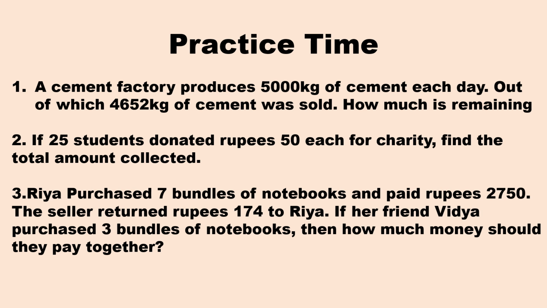And third question. Riya purchased 7 bundles of notebooks and paid rupees 2,750. The seller returned rupees 174 to Riya. If her friend Vidya purchased 3 bundles of notebooks, then how much money should they pay together? Read all these questions carefully and try to solve them. Remember the steps, take your own time.